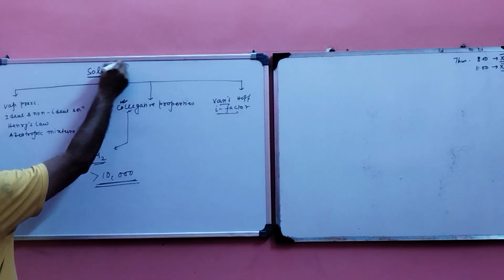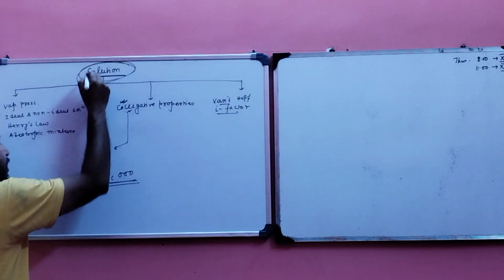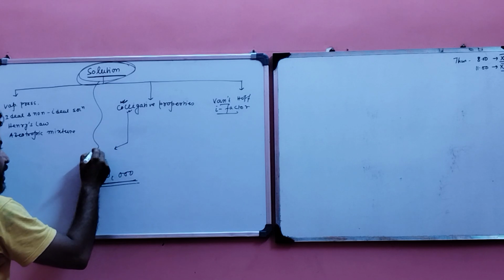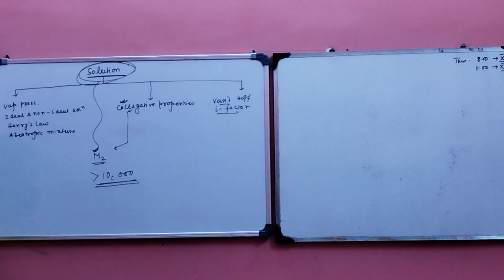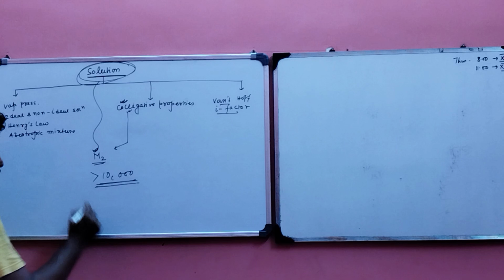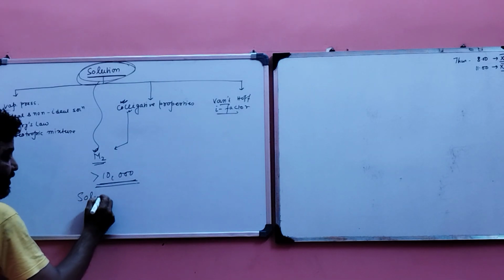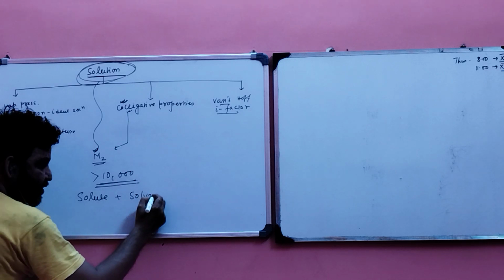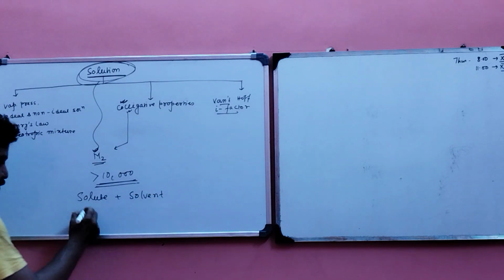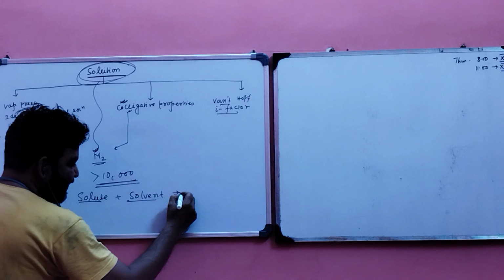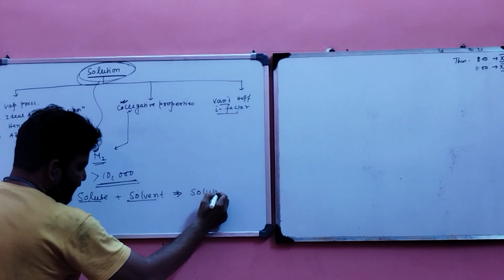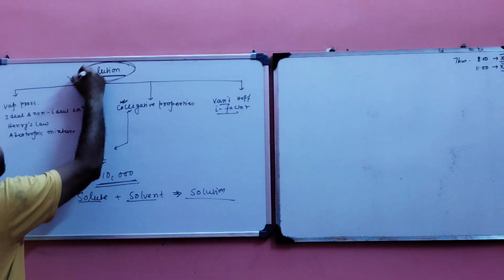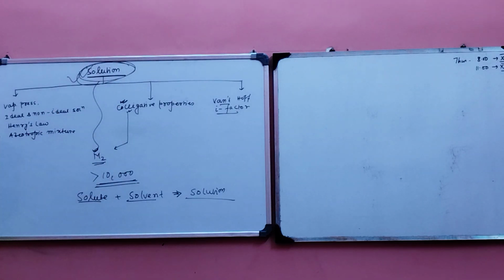So the main aim of this chapter is to determine the molecular mass of unknown solute, and we know that when the term solute is present, then solvent should also be present, and when solute and solvent mix, they form a solution. That's why the name of the chapter is solution. Clear?